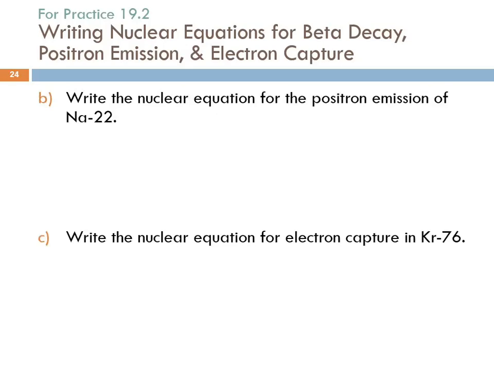Okay, how about positron emission of sodium-22? So sodium-22. That's 11, right? So positron. The name positron is a lot like electron, right? So the positron is an electron, but it's 0 and +1 instead of -1.